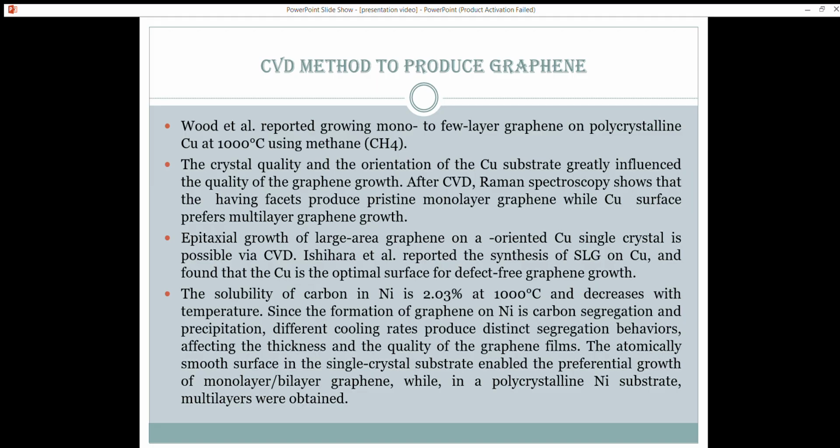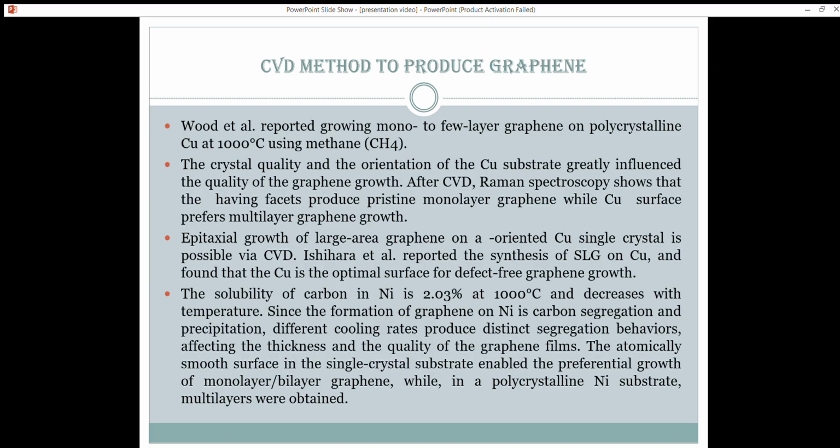The crystal quality and orientation of the copper substrate greatly influence the quality of graphene growth. After CVD, Raman spectroscopy, which is also a kind of spectroscopic characterization technique, shows that facets produce pristine monolayer graphene while the copper surface prefers multi-layer graphene. Epitaxial growth of large area graphene on oriented copper single crystal is possible via chemical vapor deposition.